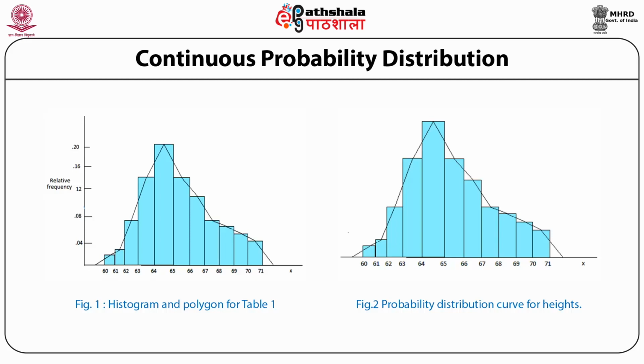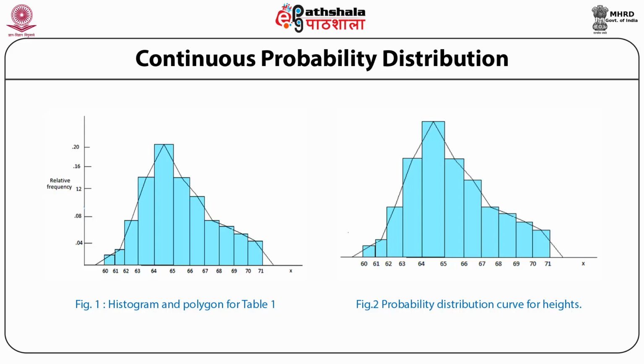If the width of classes is more than 1 unit, we first obtain the relative frequency densities, then graph these relative frequency densities to obtain the distribution curve. You can see carefully both figures given.